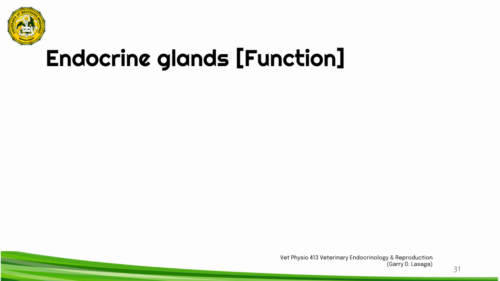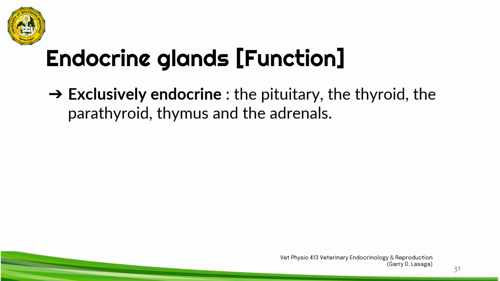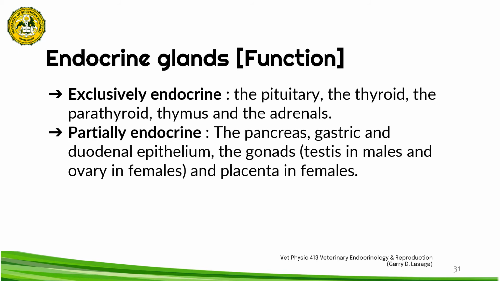According to function, there are those glands that are considered to be exclusively endocrine. For example, the pituitary gland, thyroid, parathyroid, thymus, and the adrenals. Meanwhile, there are also those glands that are said to be partially endocrine. Examples of these are the pancreas, gastric and duodenal epithelium, the gonads, and the placenta in females.